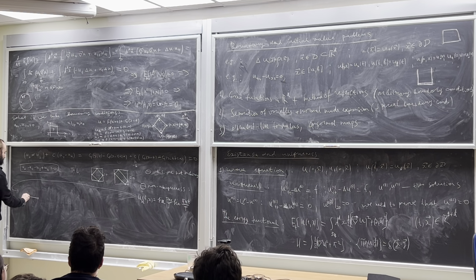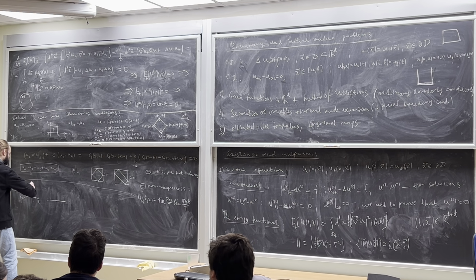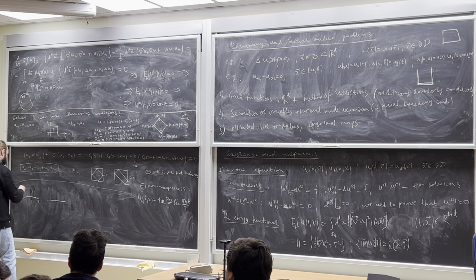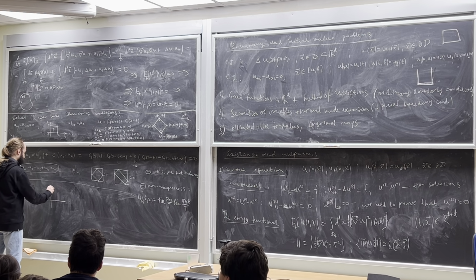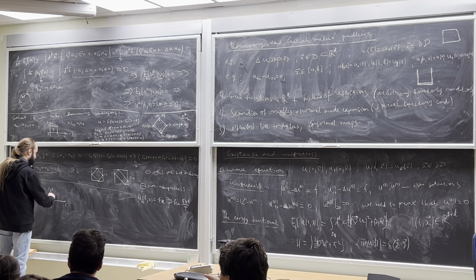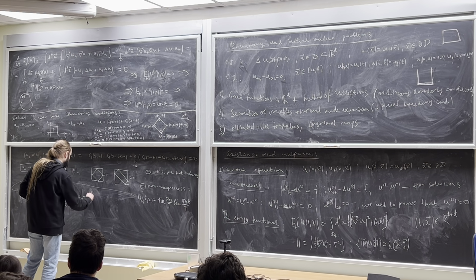So this is u, t, x. For t equals to zero, we have zero. Then we have, for example, a sine wave at some different time, and then at time t, we have again zero.